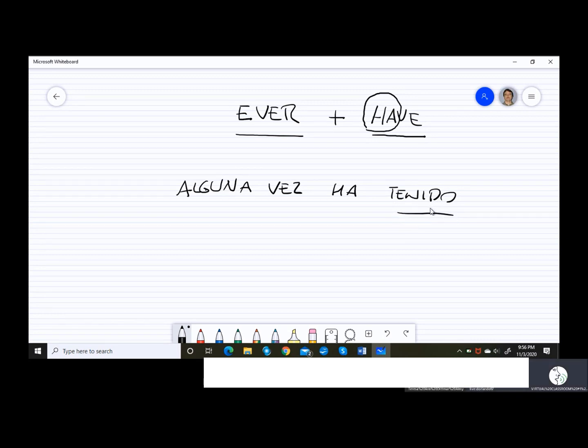O sea, el verbo terminado en I de puntito, D-O. This is just like a simple type of formula to try and help you remember it. Alguna vez, the have, pasa acá, las primeras dos letras del word have, ha tenido una enfermedad infecciosa.